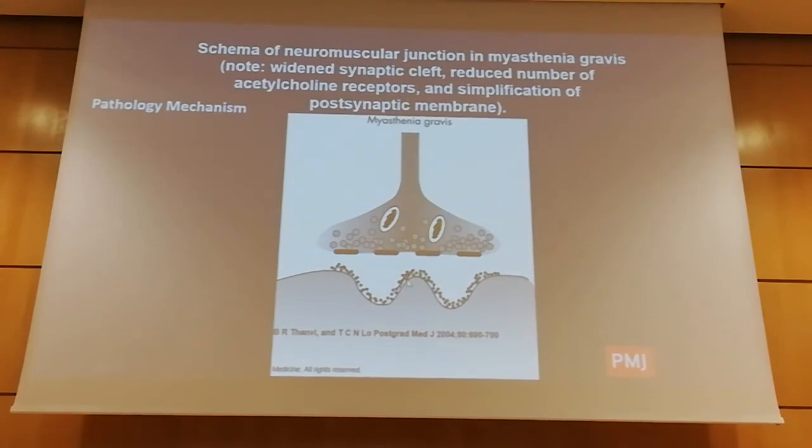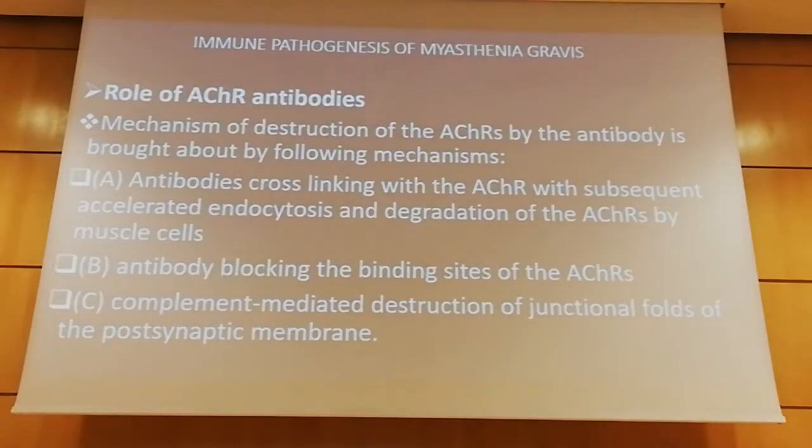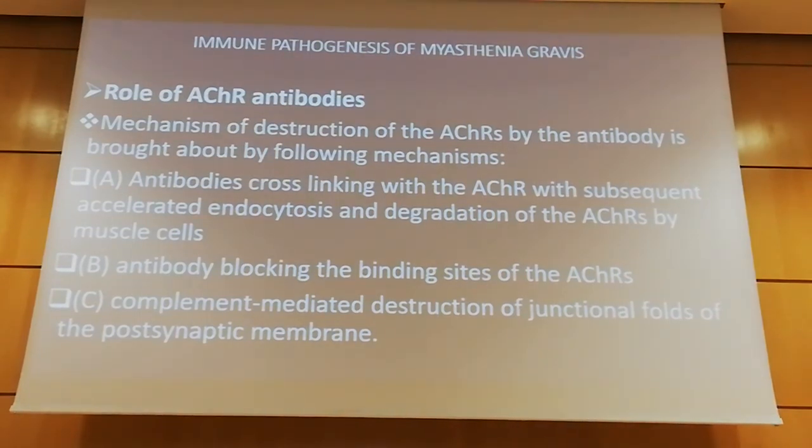So these are findings that you can see as a result of the myasthenia gravis autoimmune attack on the acetylcholine receptors. How do the ACHR antibodies do the trick? They may go and combine with the ACHR.